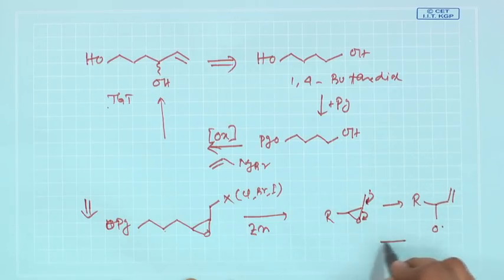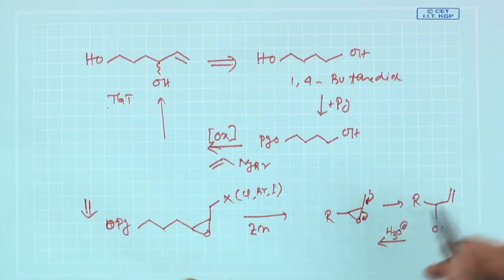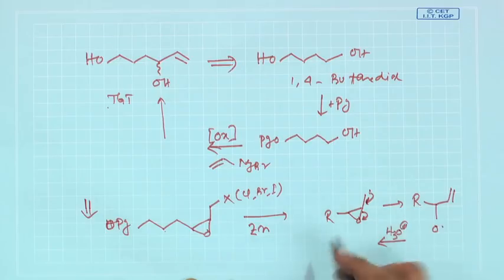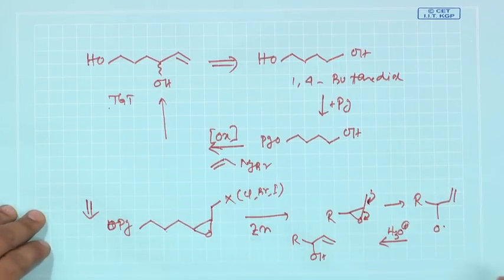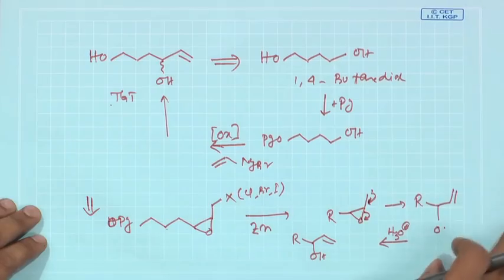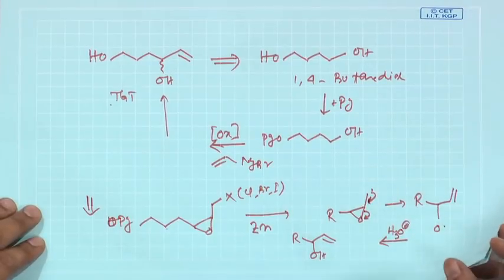Now, this O dot abstracts a proton from either an acid source or the solvent to give you an allylic alcohol. This is another alternative way. It is basically a dehalogenation reaction. It is favored if you have an epoxy system here.